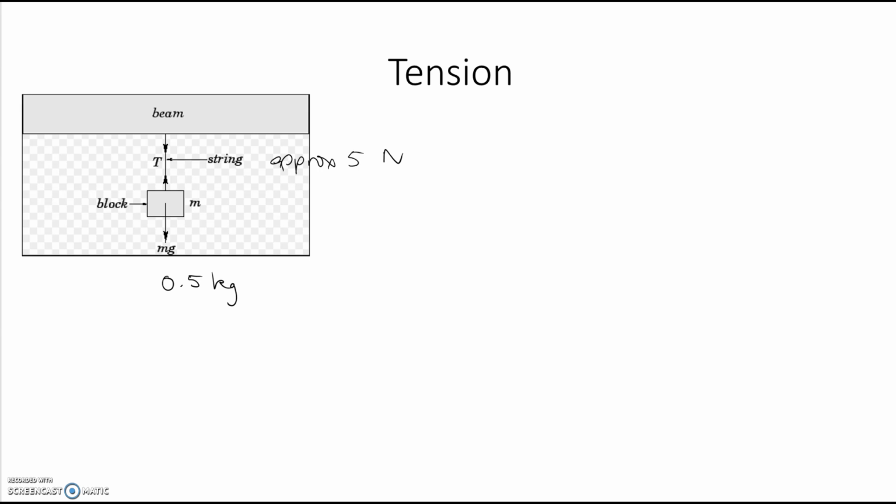And then the tension's acting downwards on the beam due to the weight of the block, but tension also acts upwards on the hanging mass. So you've got a downward and an upward, and the effect of this is that it pulls the string apart.